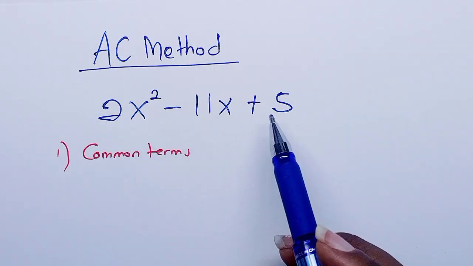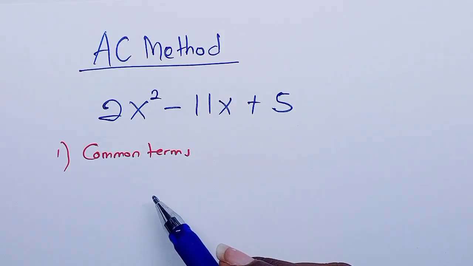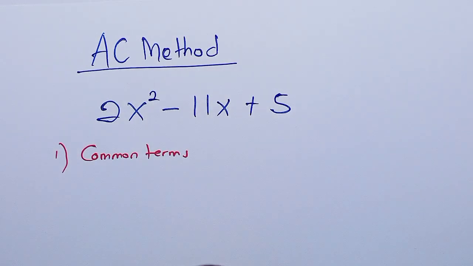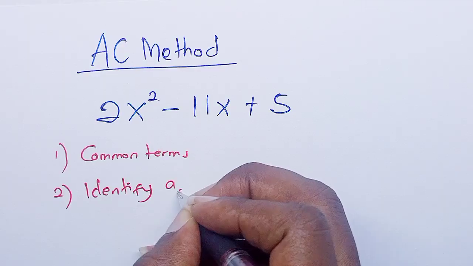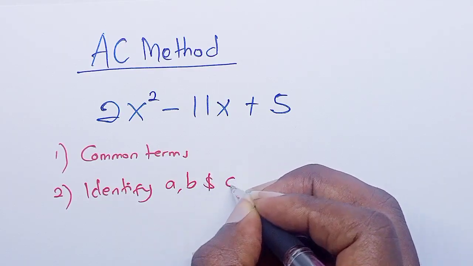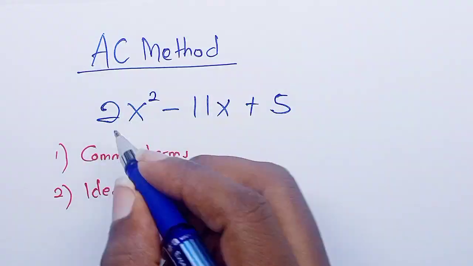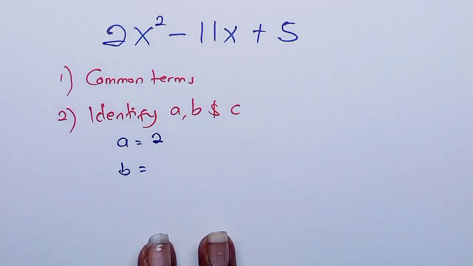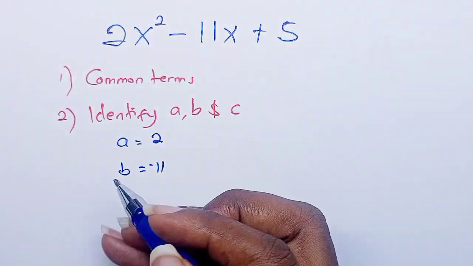After knowing that we have no common terms, or after getting the common terms in case there is any, then you need to identify values of A, B, and C. So step 2 is to identify A, B, and C. In this case, our value of A is 2, our value of B is negative 11, and our value of C is 5.